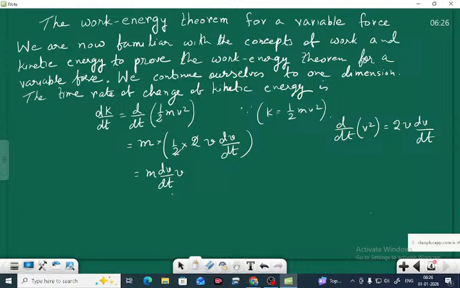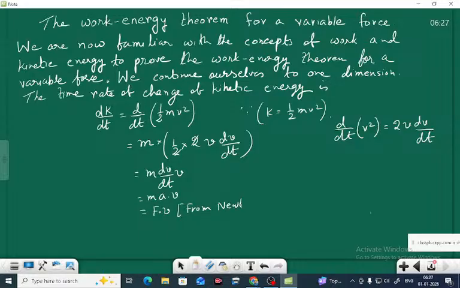Now dv by dt means acceleration, therefore m a v, or m a means F, so F dot v, from Newton's second law.